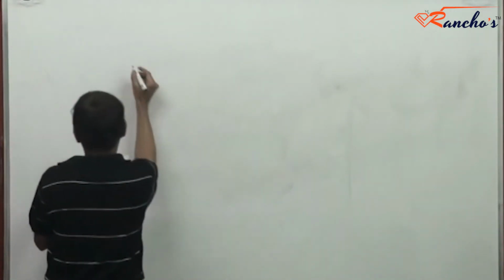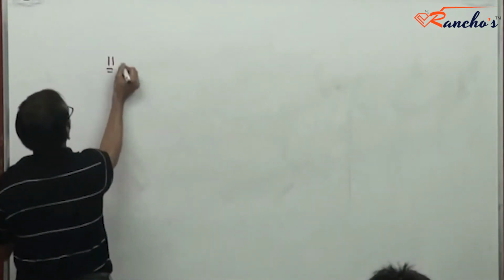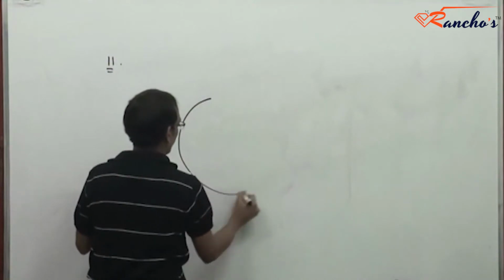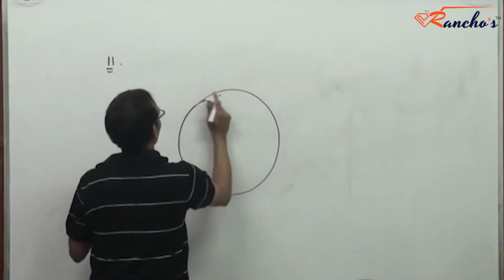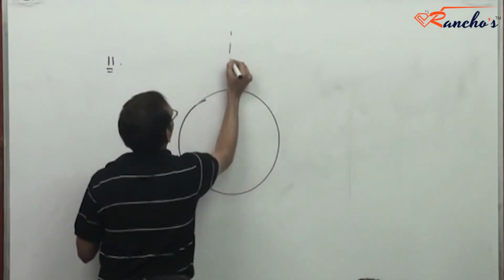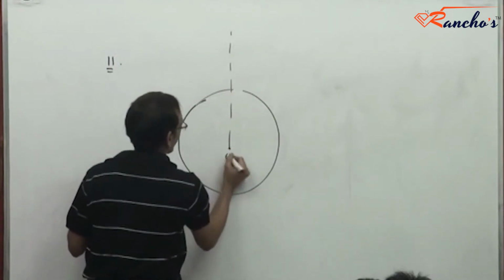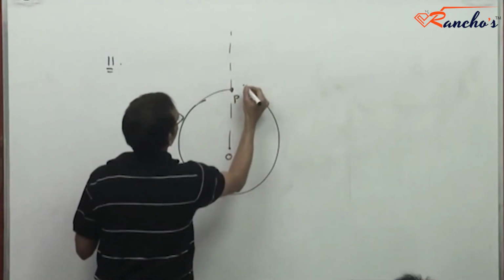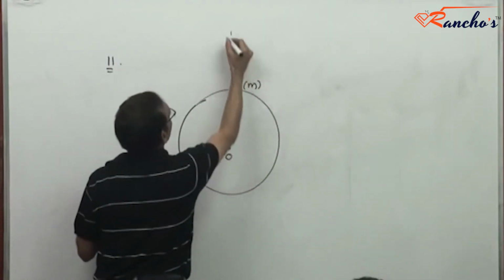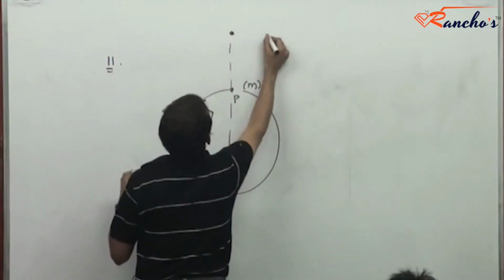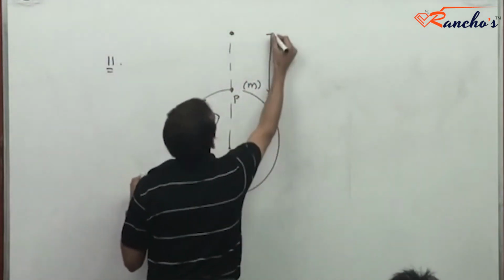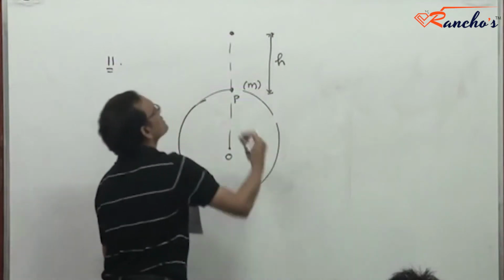Now, problem 11. From the point P, a mass small m is carried to a height h very slowly by an external agent. Very slowly.